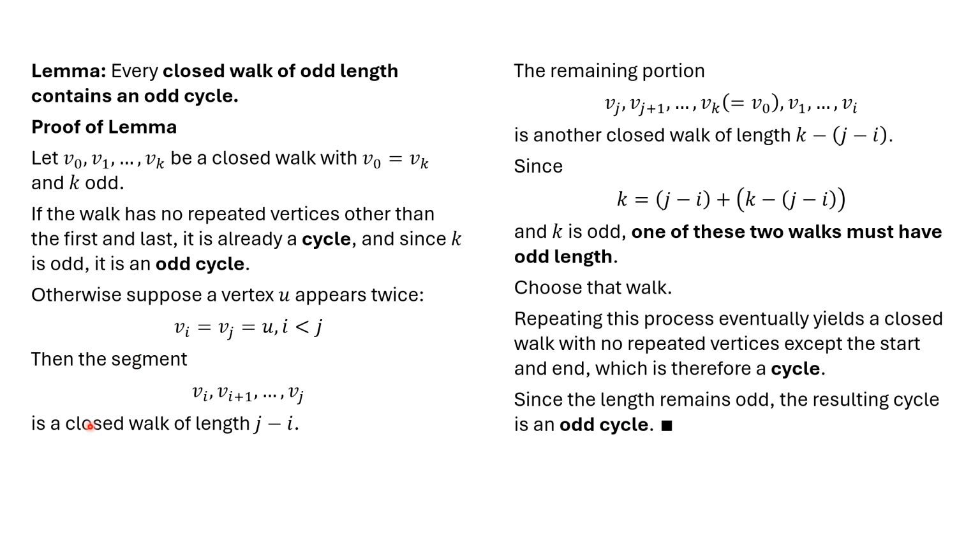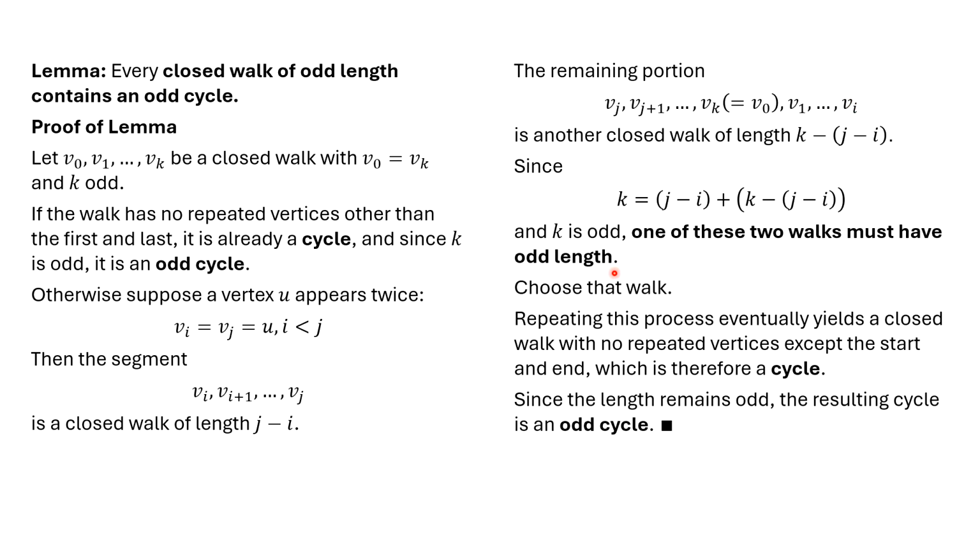And this is a closed walk, right? You're starting at one vertex and returning to it. And that length would be j minus i, just subtracting the indices here. Then the remaining portion, v sub j plus 1 up to v sub k, which is v0, and then kind of looping around and going to v sub i.